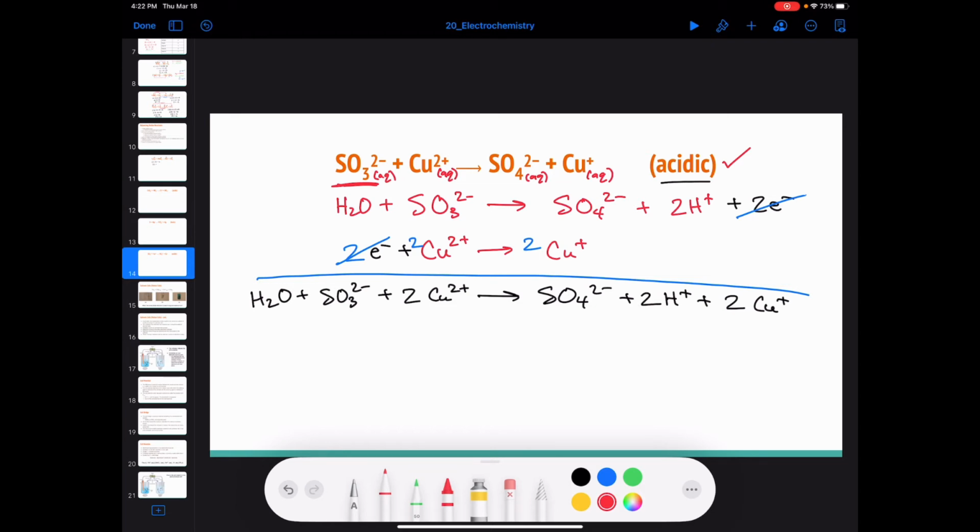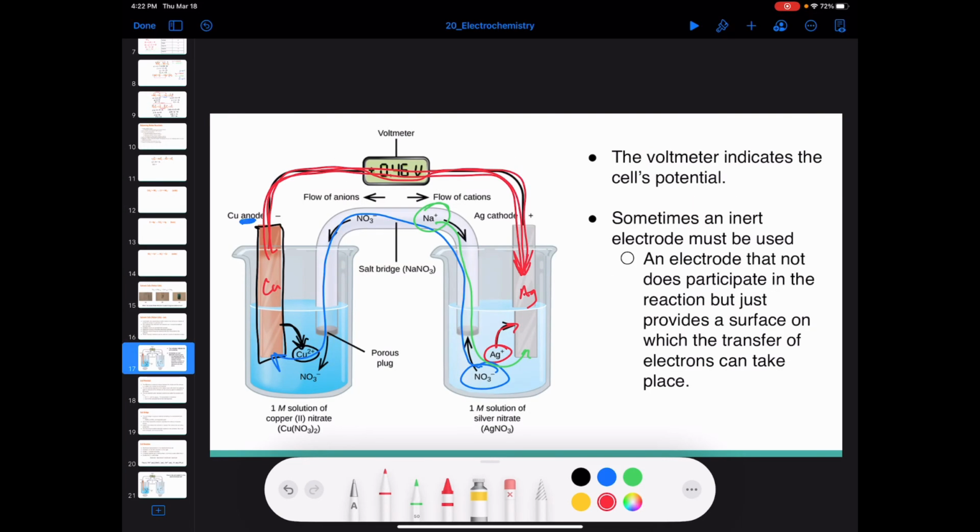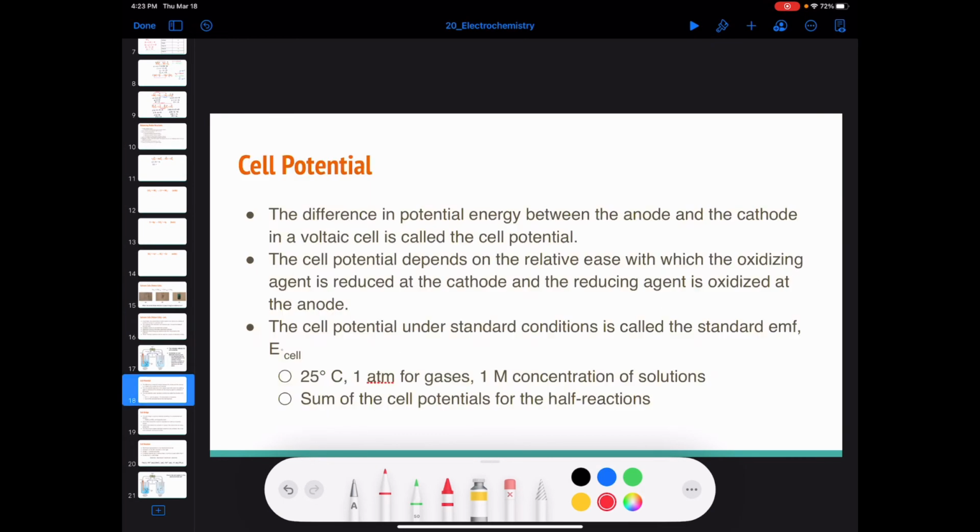And so what we'd have to do is use an inert electrode, okay? Like a graphite electrode or something that doesn't actually react, but just gives a solid surface that you can attach your wire to on each side, and that also allows for transfer of these electrons to occur. Okay, not a big deal, but in the lab, that's what you'd have to do.